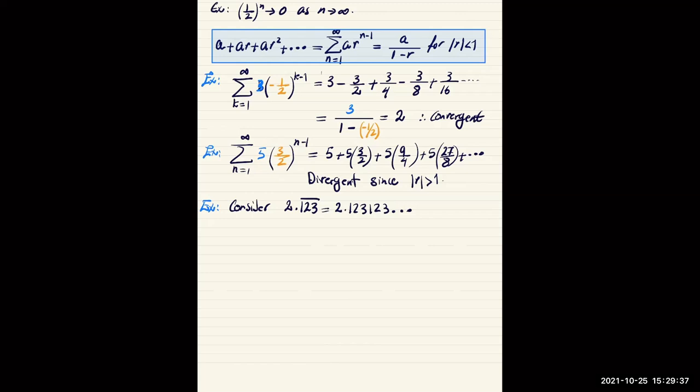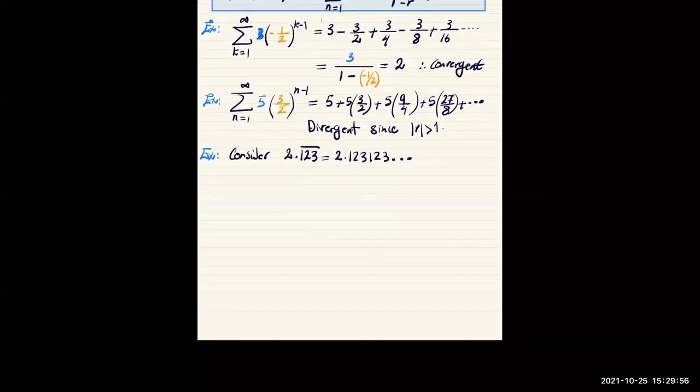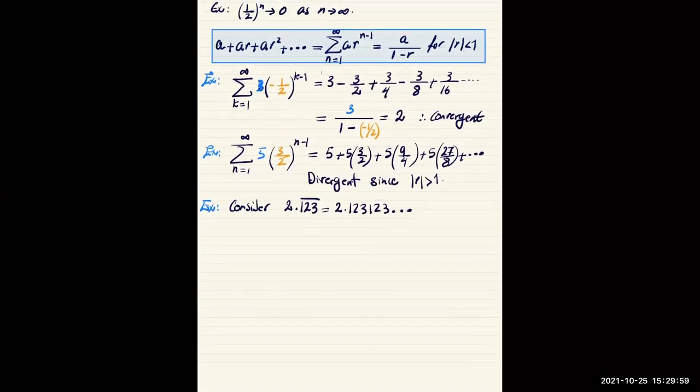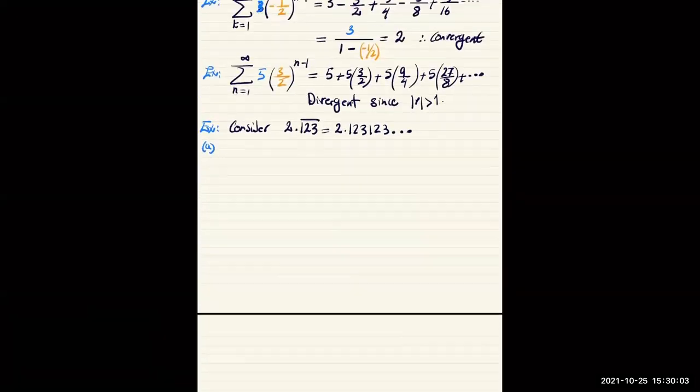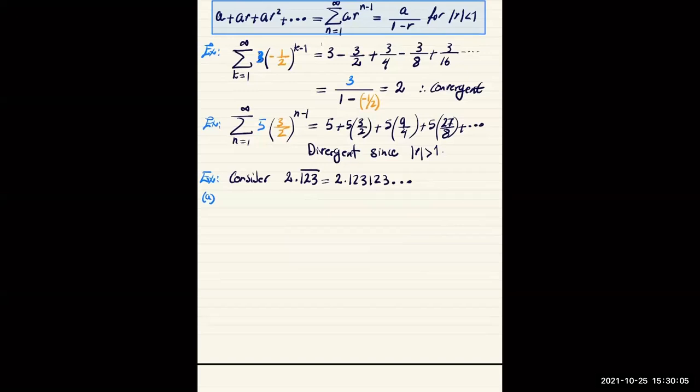You know what a rational number is: a number that can be written in fraction form. Decimal numbers that don't terminate are rational, and we can actually show that. We can write this as a fraction. So for part A of the problem, we are going to rewrite this number as a geometric series.